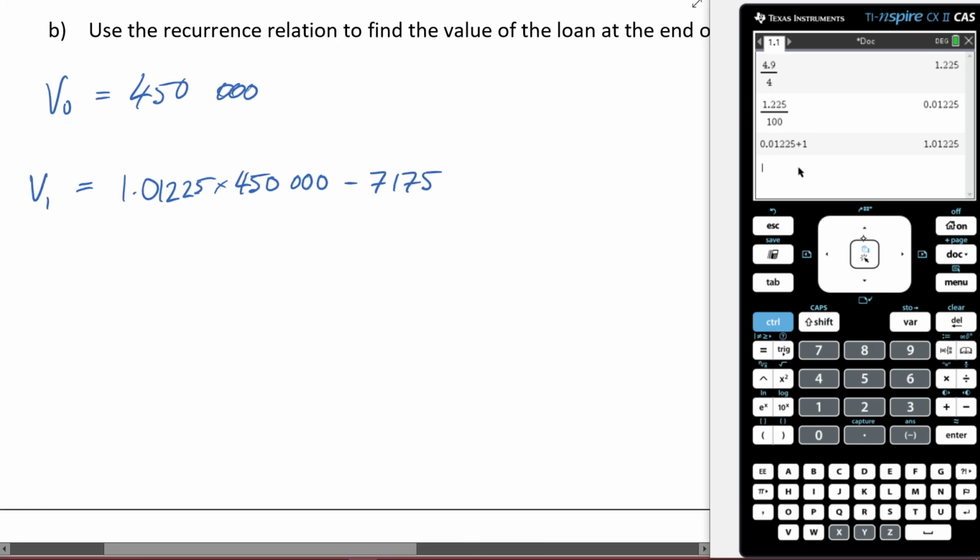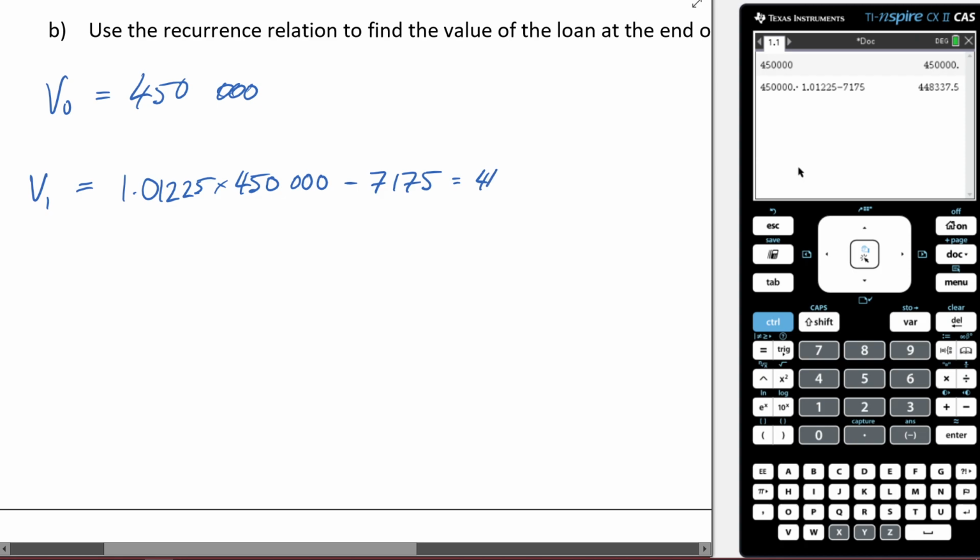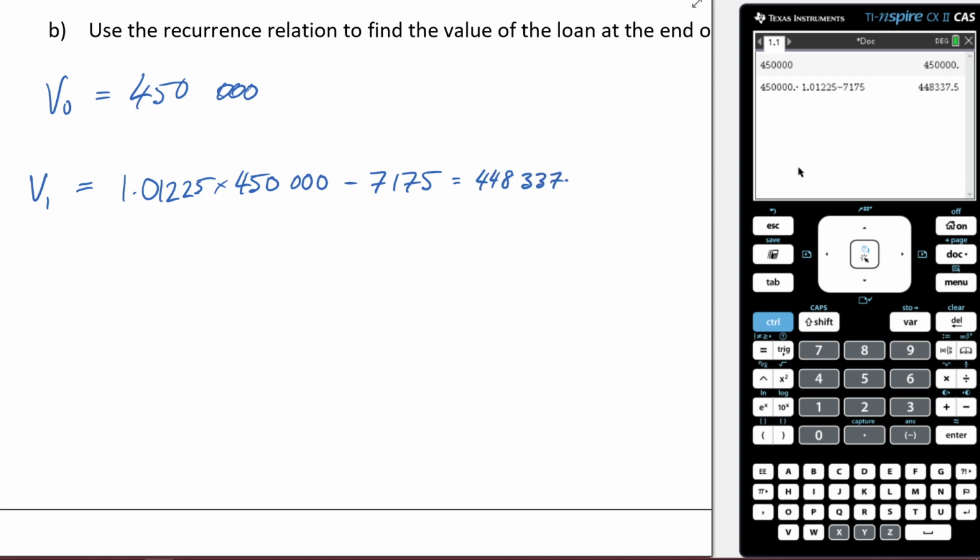Let's now come to our CAS calculator and get it to do the heavy lifting for us. So we're starting with $450,000, and then I'm timesing that by 1.01225. Then I'm subtracting 7175 from that. And what I'm going to end up with is 448,337.5.